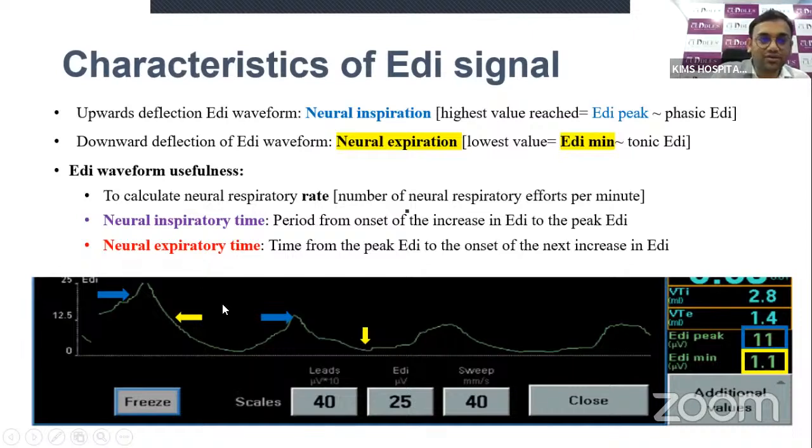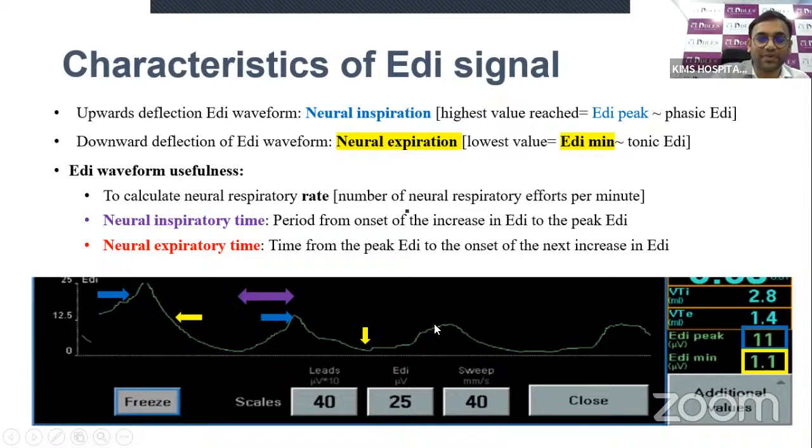The next thing is the neural inspiratory time. The neural inspiratory time is the time period from the start of the neural inspiration to the peak of the EDA signal. This is called the neural inspiratory time. The neural expiratory time is the time when the brain wants to keep the baby in the expiratory phase, the time from the peak EDA till the start of the next increase in the EDA.